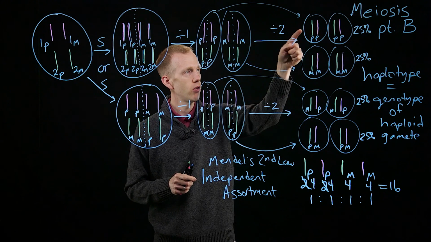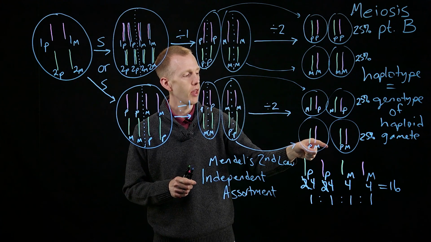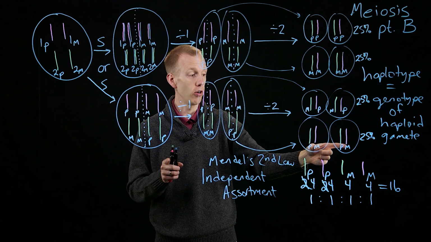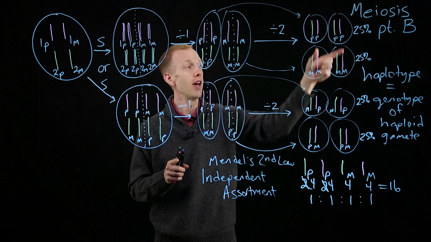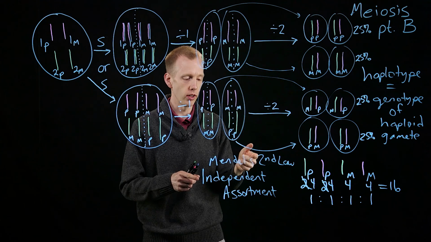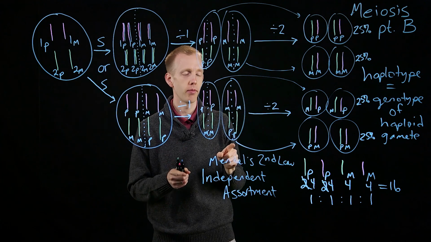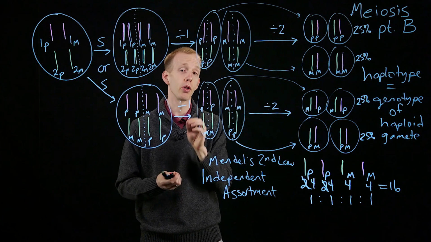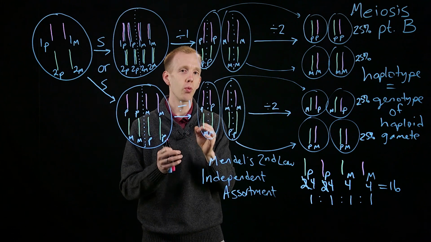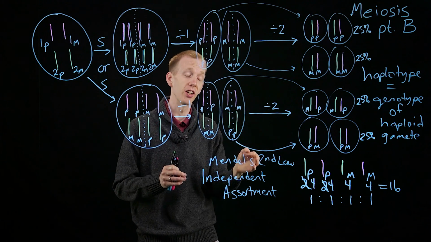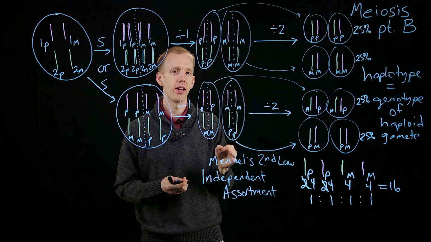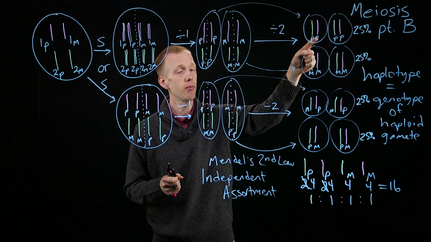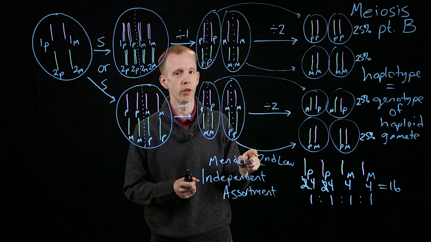Of those 4 different gametes, half of those 4 have the pink maternal version of the other chromosome. The other half have the pink paternal allele. So that's independence. A quarter of all of the gametes have a particular allele of chromosome 1, and then which allele of the other chromosome they inherit is entirely independent. So you get copies that are PP, paternal-paternal, and paternal-maternal.